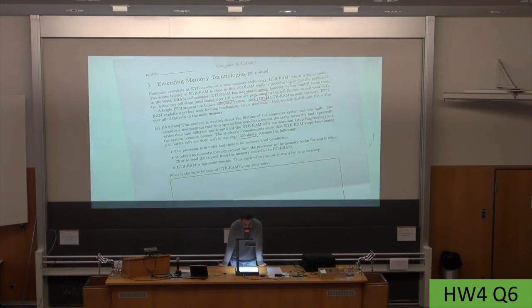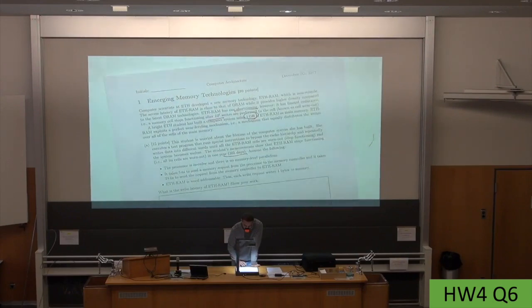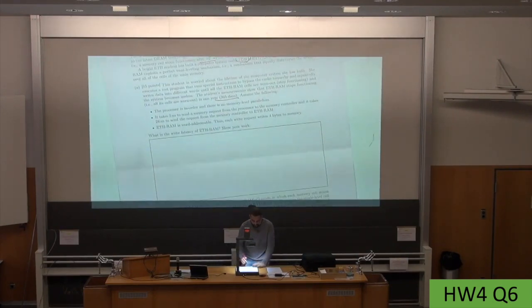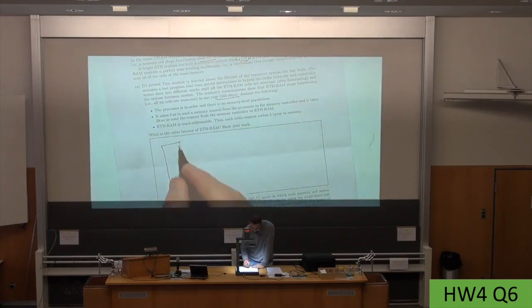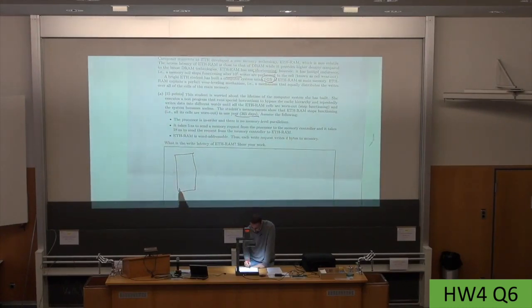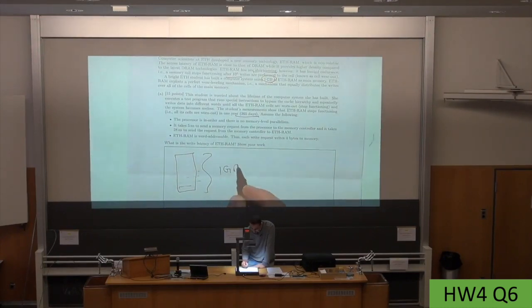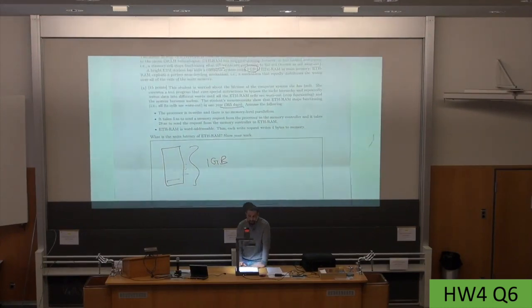So basically, this RAM is word addressable. Thus, each write request writes 4 bytes. So basically, you could assume that this is the RAM, and you have rows. The size of this RAM is 1 gigabyte, and you need to know how many rows you have there.